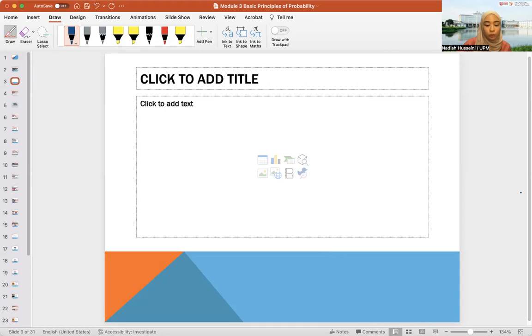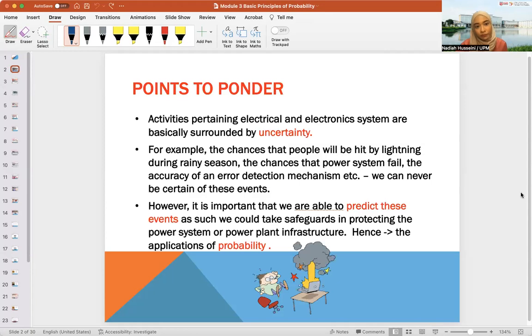So I'm going to continue with our new topic for today, which is uncertainty, or we're going to start with probability. So points to ponder: activities pertaining to electrical and electronic systems, which we deal with a lot today, are basically surrounded by uncertainty. For example, you have a battery. The battery says that it has 5 volts, but it is not exactly 5 volts.